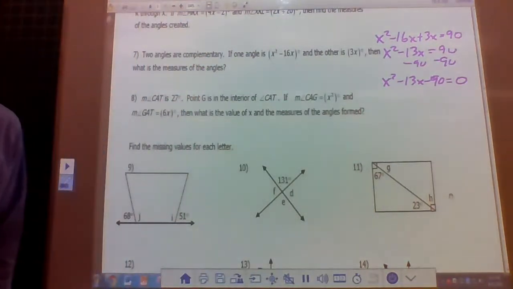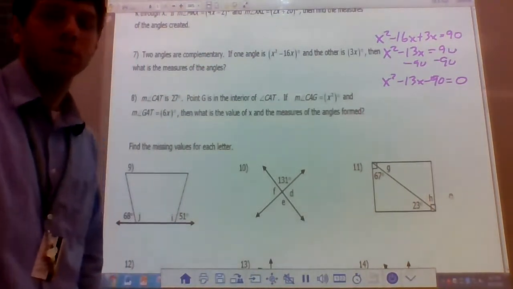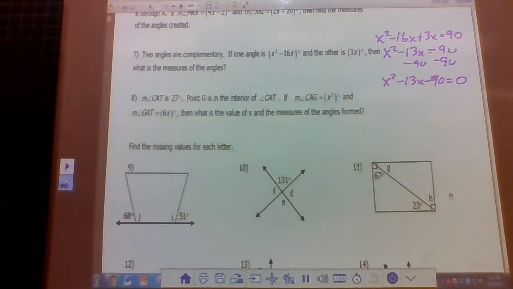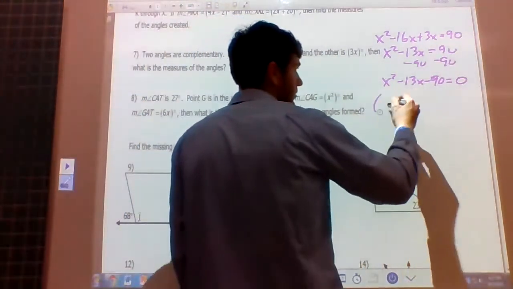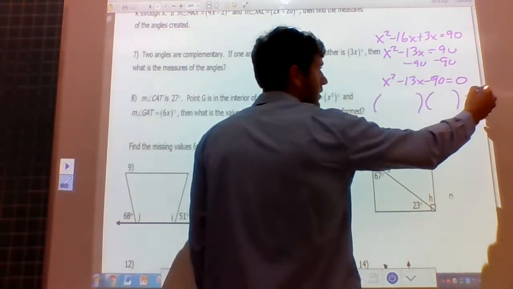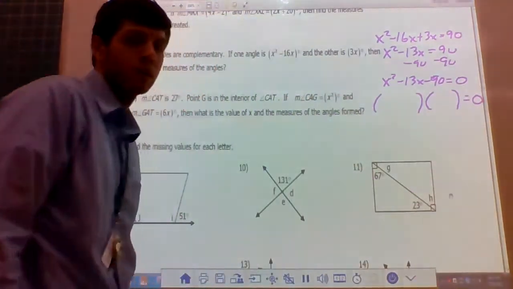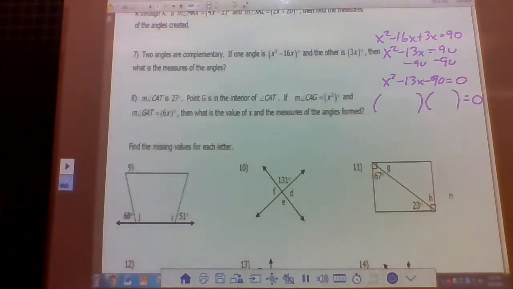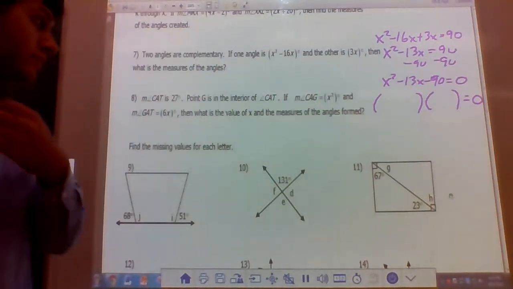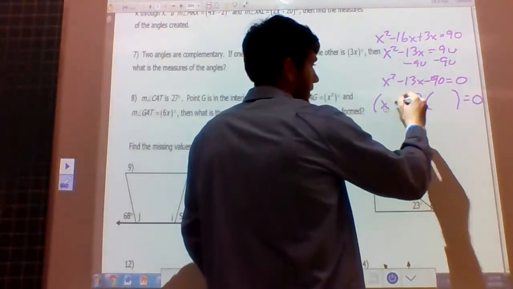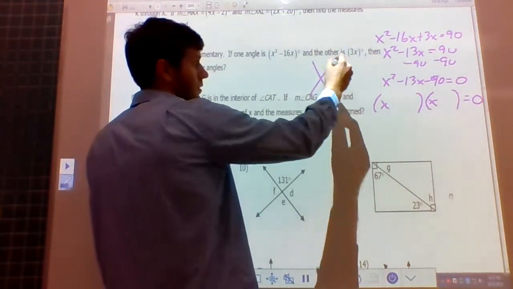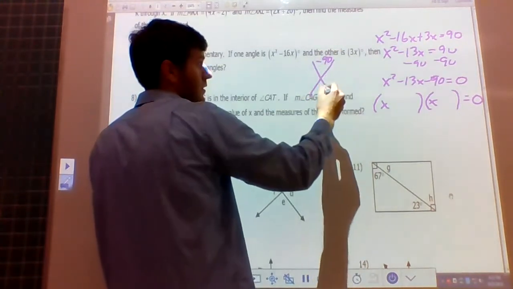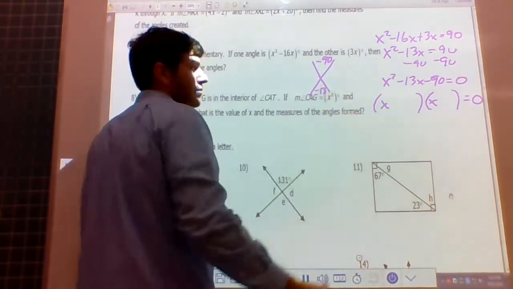The reason we're setting it equal to 0 is because we have a square in there, we have a quadratic, so we're going to want to factor it. You can always use the quadratic formula, but let's see if we can't factor it. If you aren't able to factor it, then you can just go ahead and use the quadratic formula. Okay, but here we have x and x. Again, if you use your x method, you need something that multiplies to negative 90 and adds to negative 13.